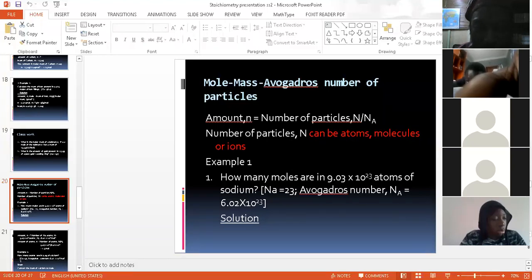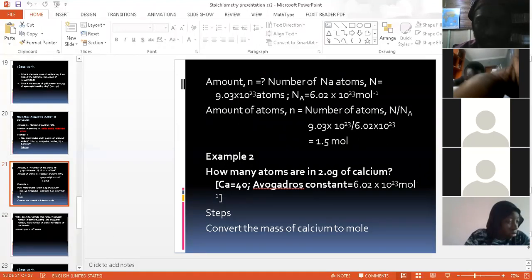This is the formula to use, so be able to do this. Look at this: how many moles are in 9.03 times 10 to the 20 atoms of sodium? If you use this formula, what are you going to get?